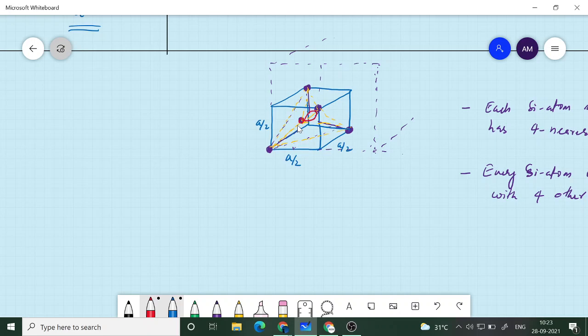And these orbitals are going to be directed to each of these coordinates where there are other silicon atoms, like this, and they will also have similar bonding like this. Okay, so there are 4 bonds.